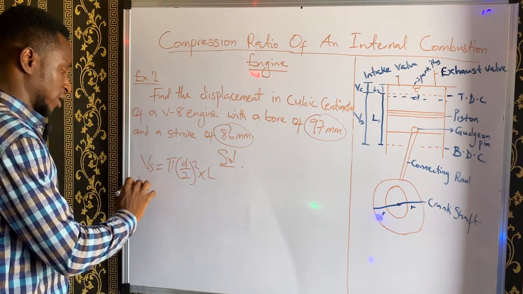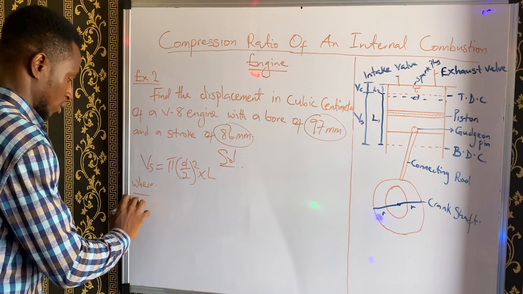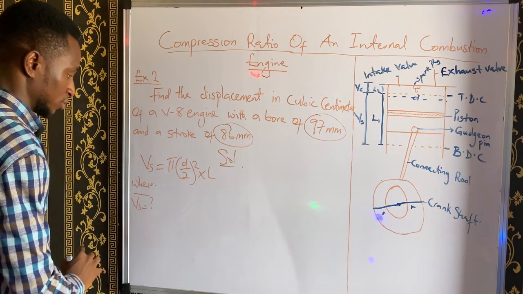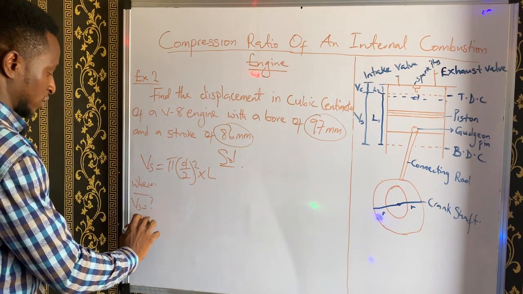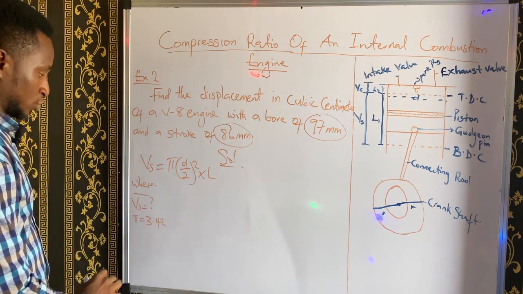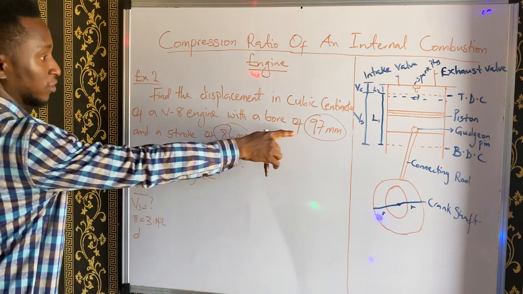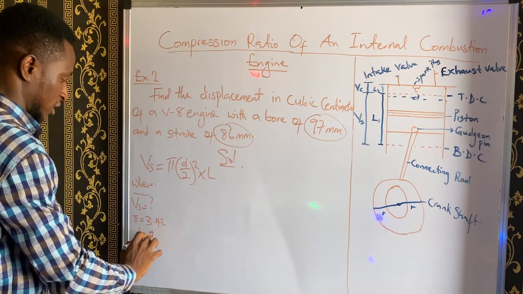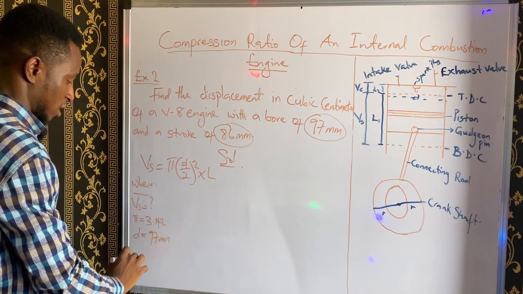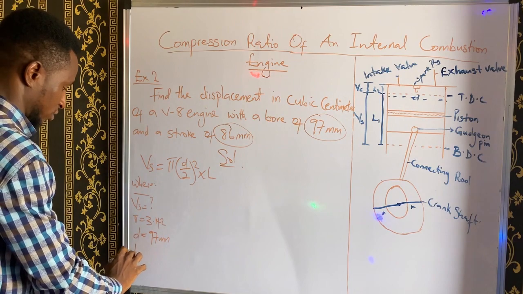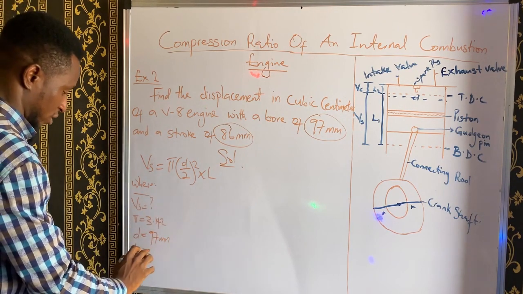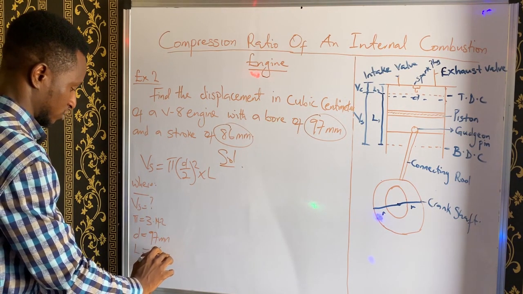So we have our data. Our stroke volume is unknown. Our pi is constant, 3.142. Our diameter, which is the bore, is 97 millimeters, and our stroke length, which is L, is 86 millimeters.